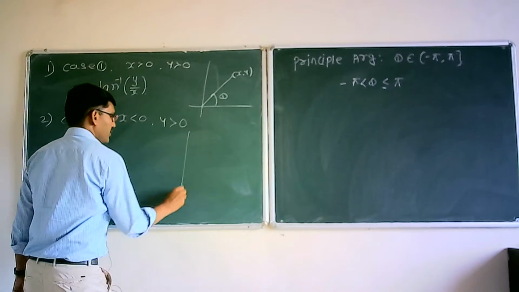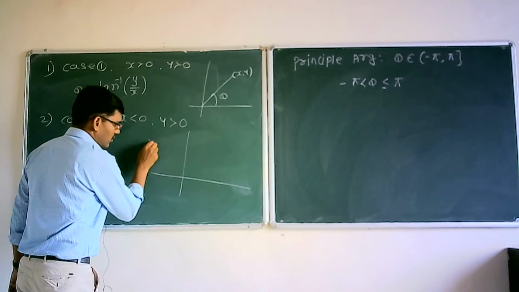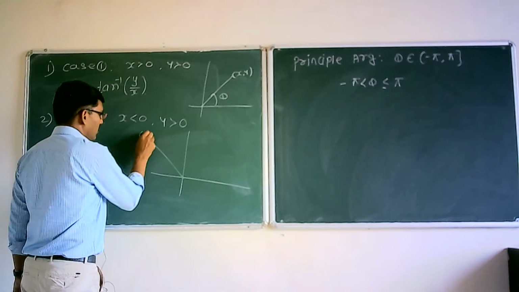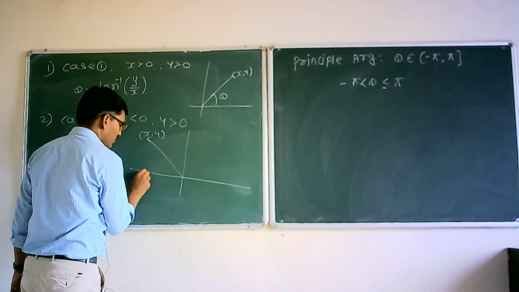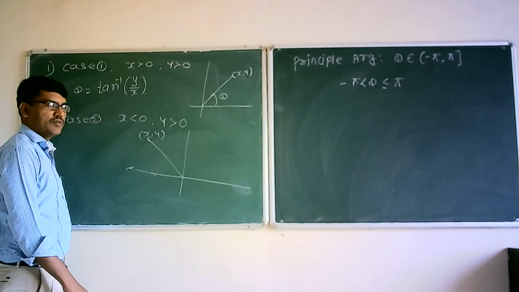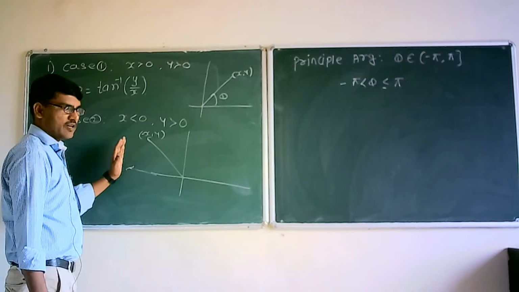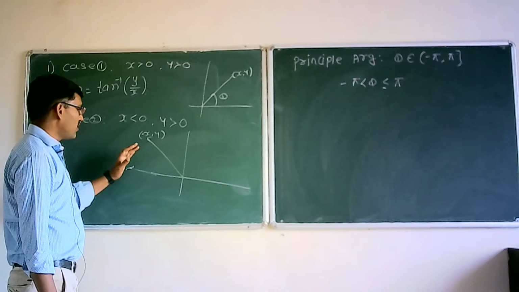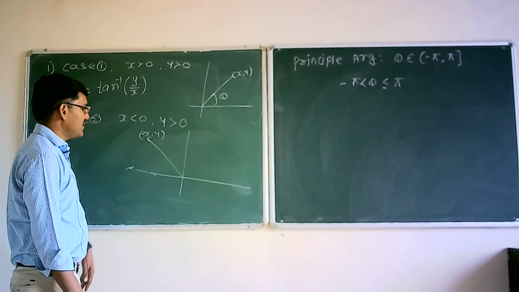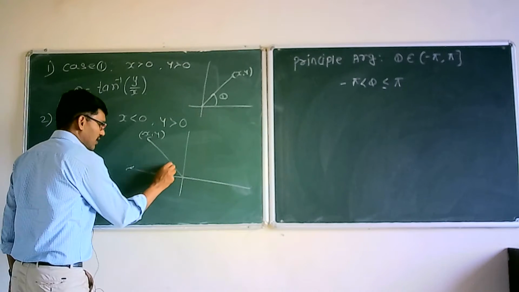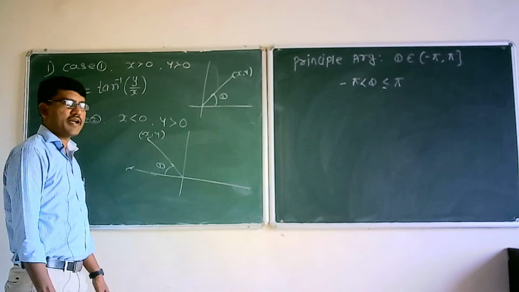Now case number 2: if your x is less than 0 and y is greater than 0, it means your complex number lies in the second quadrant. Here y is positive but x is negative. Then this is the theta, because tan theta always uses the acute angle.